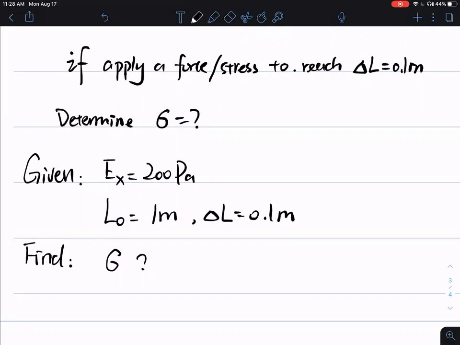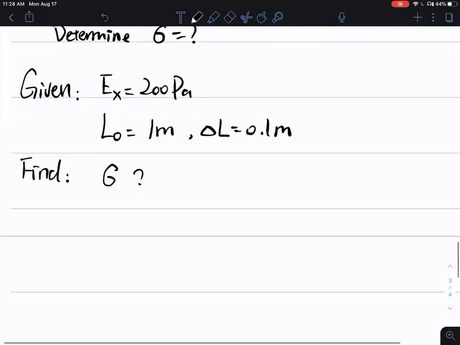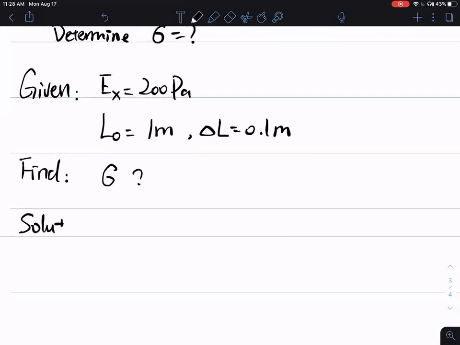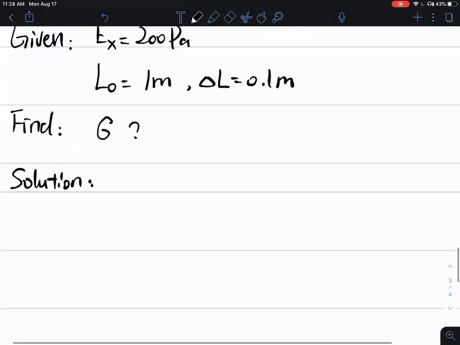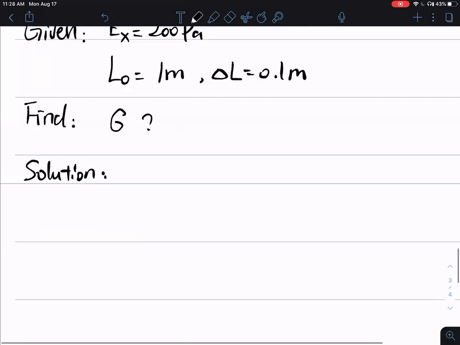Okay, let's look at this together. For your homework, I will require you, you don't have to copy the whole problem statement, but at least write what are the givens and what you need to find, and your solution.